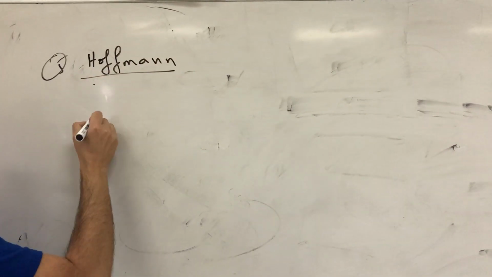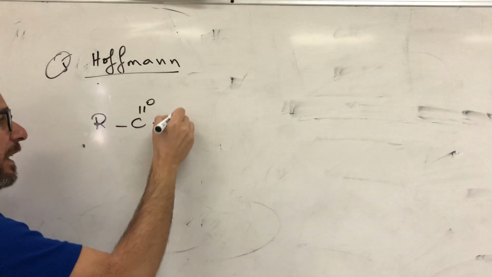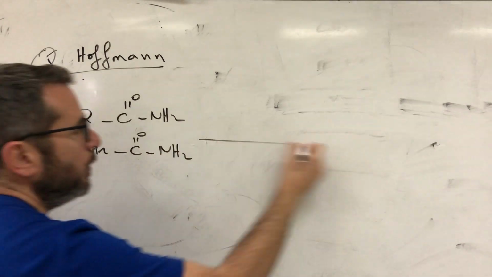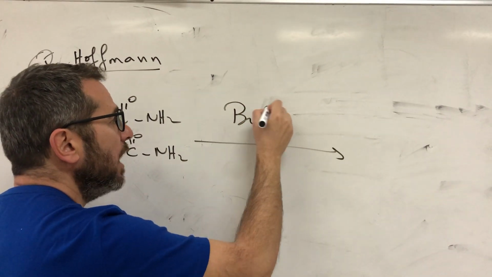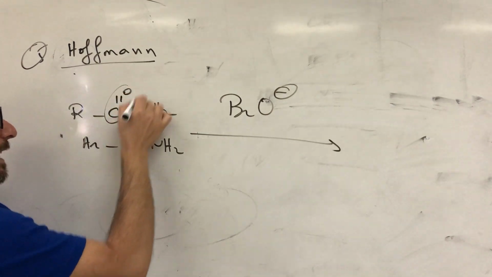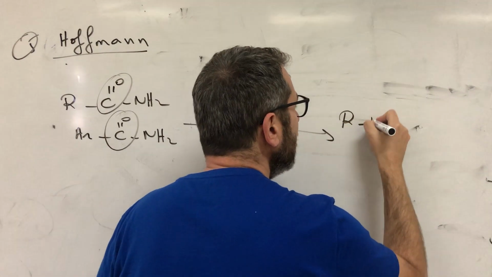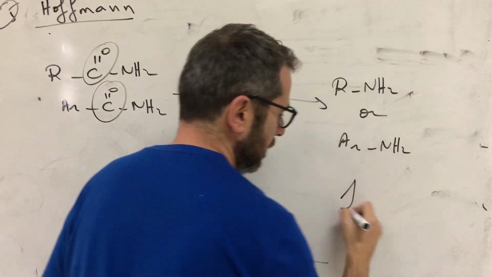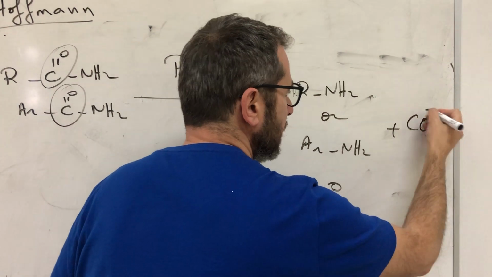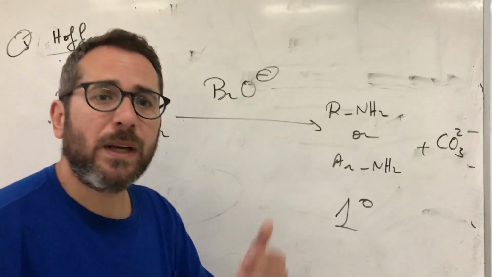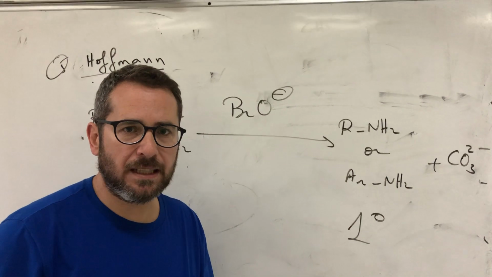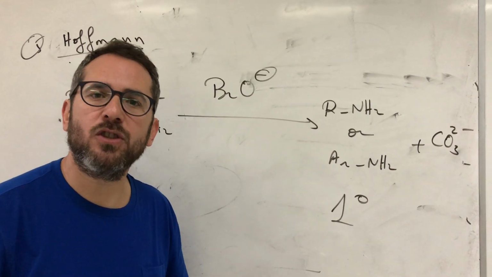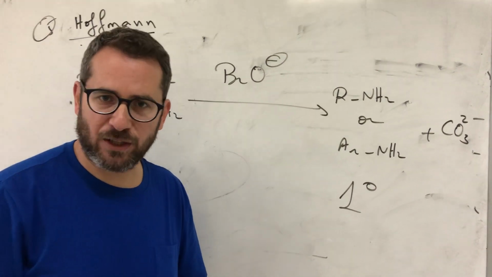You take an amide, aliphatic or aromatic, you add hypohalite, BrO- or ClO-, and you will also obtain a primary amine plus the carbonate ion CO3 2-. The mechanism you can read, it's very complicated, I will not give it this semester. If you have a question, you can ask me, but you are not responsible for the mechanism of Hofmann this semester.